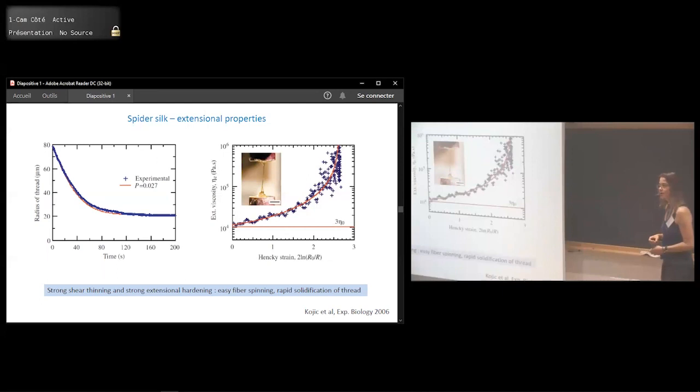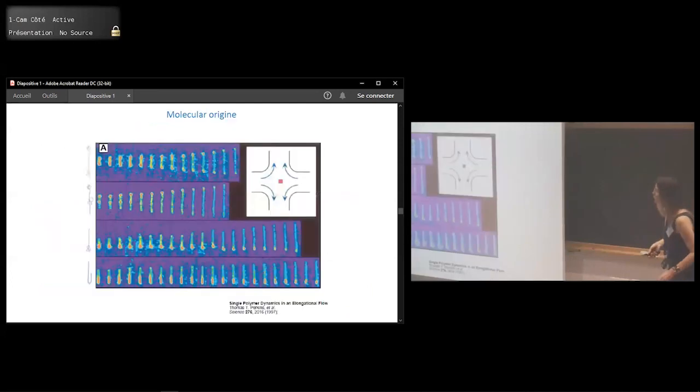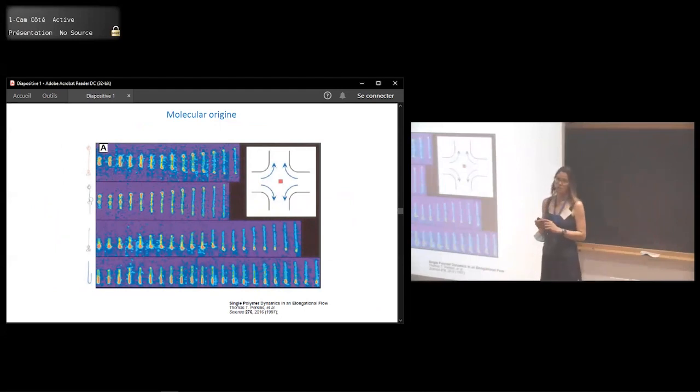And I think I owe you one last thing: I told you that we always want to link the microscopic dynamics to the macroscopic property. And I already mentioned that when we have these elongation flows where we pull on filaments, people have indeed observed this on the microscopic level. These are again single molecule experiments done in the group of Steven Chu, and actually they were done before the shear experiments that I showed you.